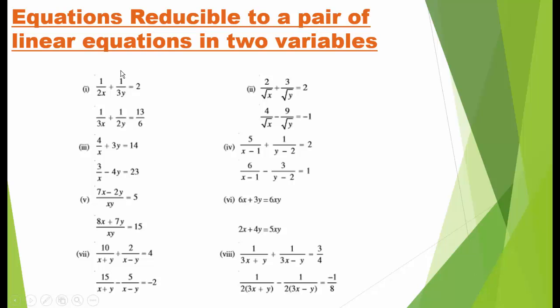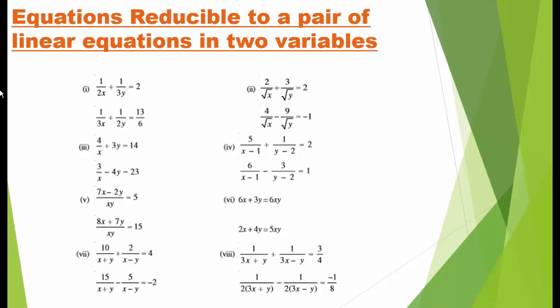You know the condition for a polynomial, because this is also a polynomial in one or two variables. This is in two variables, and because the order is 1, we said that this is a linear equation. But the condition was that the variable should not be in the denominator, not in division form.